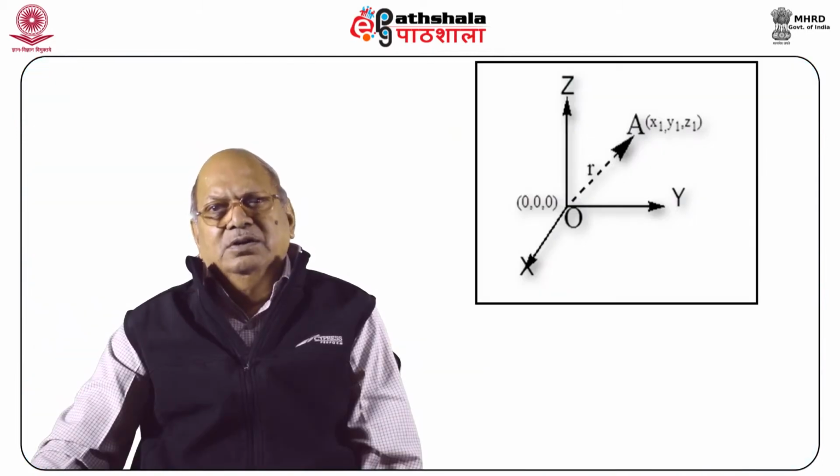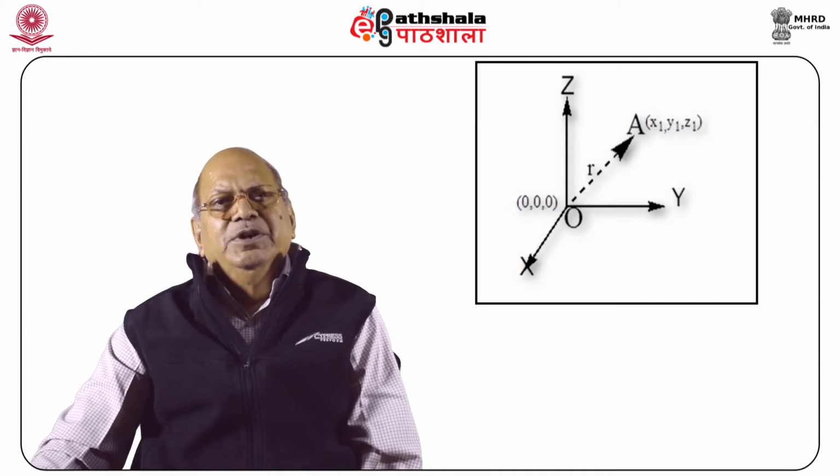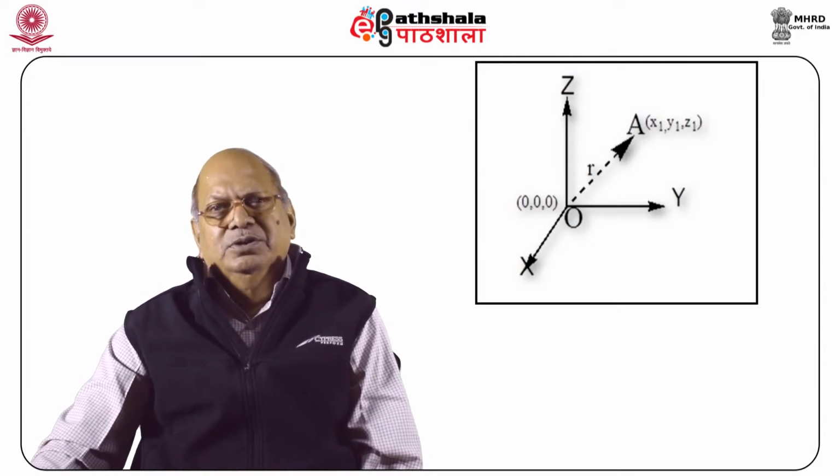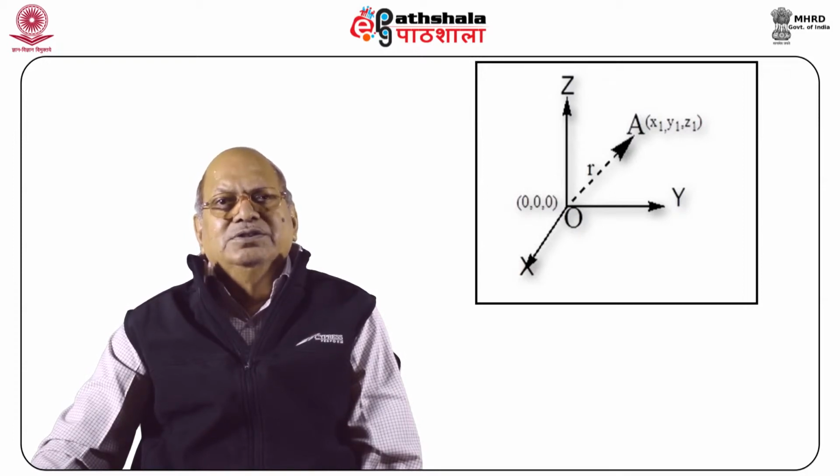Consider the vector r, whose base lies at the origin 0, 0, 0 of the Cartesian coordinate system, and whose arrowhead is at the general point A, that is x1, y1, z1, as shown. Since the base of the vector is at the origin and is not shifted by any symmetry operation, only the head of the arrow will be considered. We will concentrate on the coordinates x1, y1, z1 of the arrow before and after performing the symmetry operation.